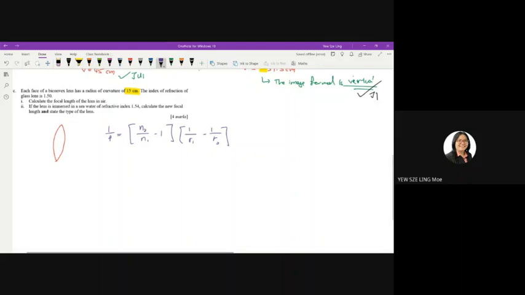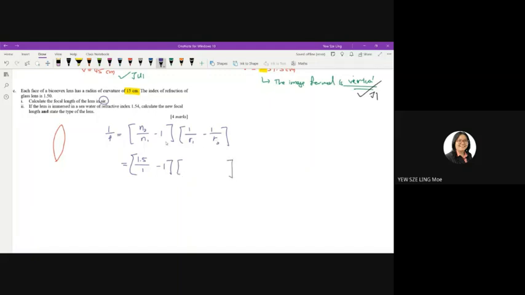Now let's plug in the values. It equals 1.5 over 1, because now the surrounding is the air, minus 1. Now 1 over r1 and 1 over r2.